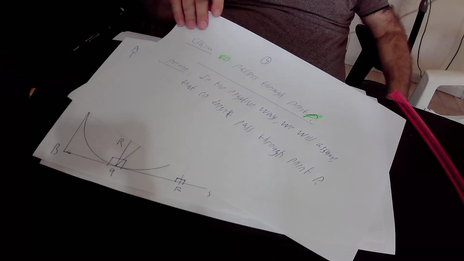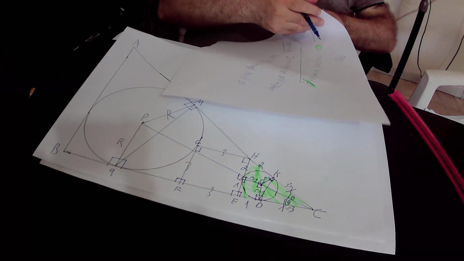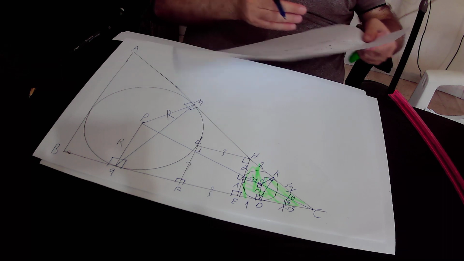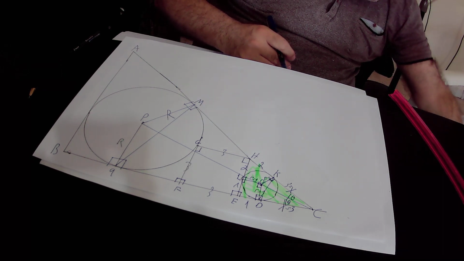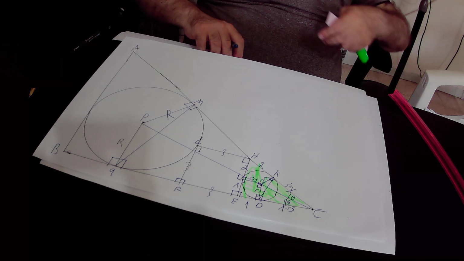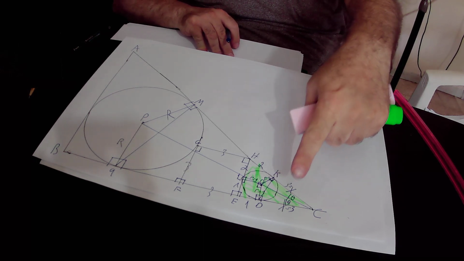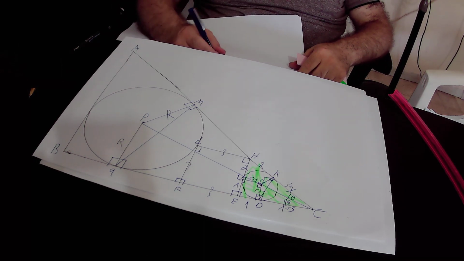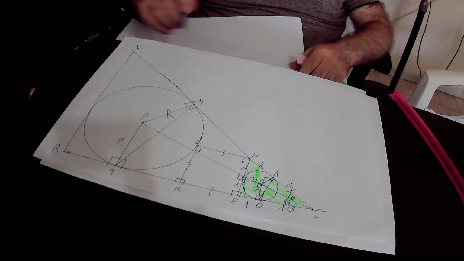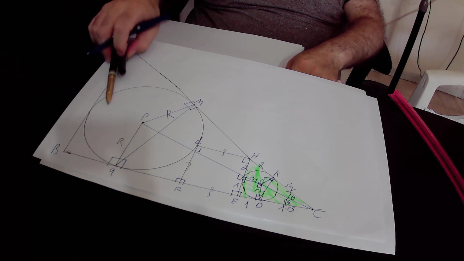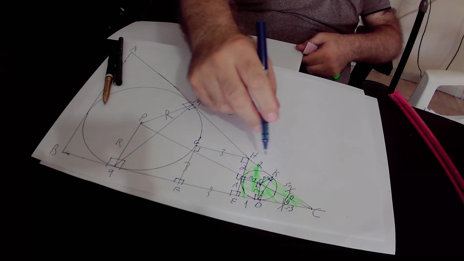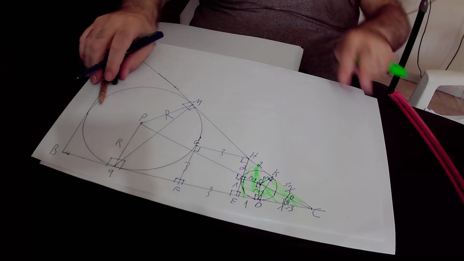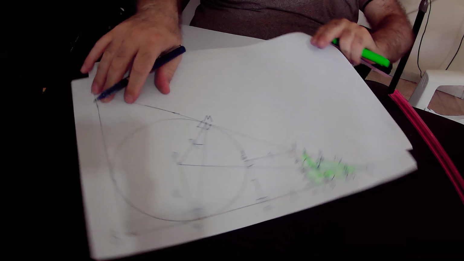So now, according to our assumption, we have here two angles. We have here angle DCO. I copy angle DCO.